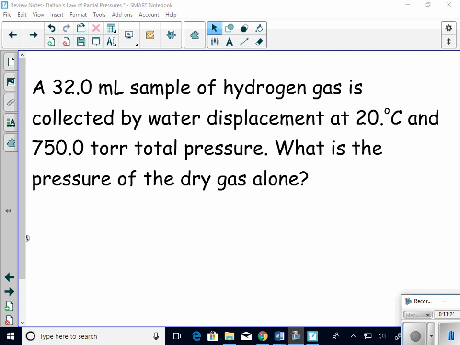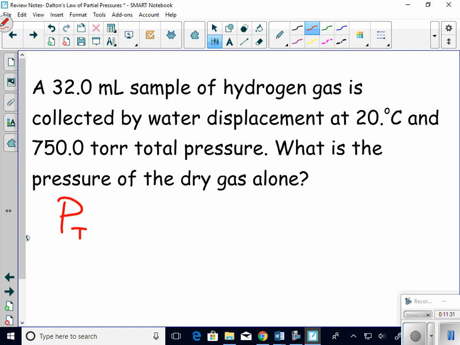What is the pressure of the dry gas alone? Once again, this is a Dalton partial pressure one. So my total pressure is going to be equal to the pressure of the hydrogen gas and the pressure of the water. So the two partial pressures.